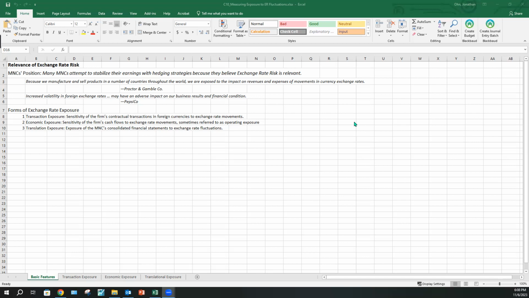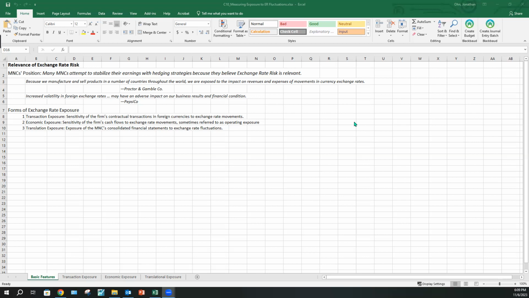Sometimes for the same transactions, with no change, just the exchange rate volatility may have a significant impact on the cash flows and the profit. So that is transaction exposure.